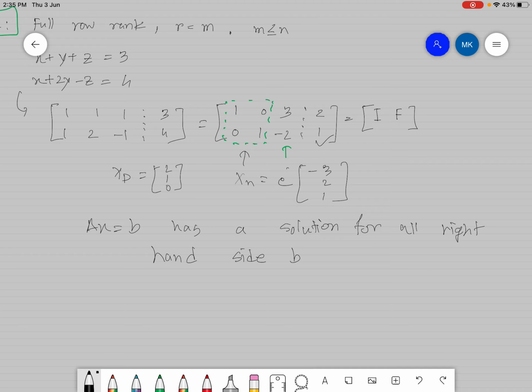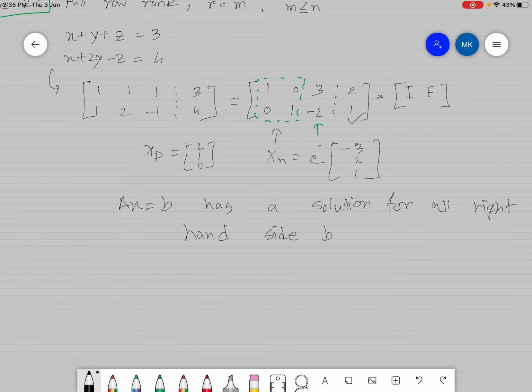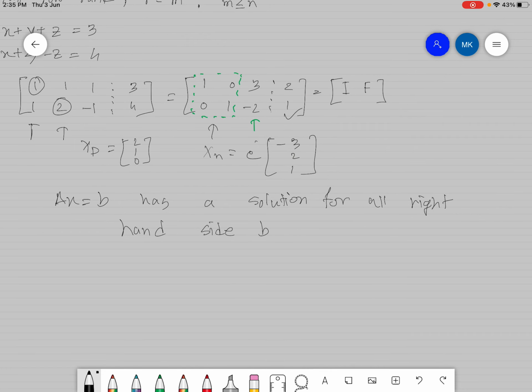Okay, so in that case you'll have one pivot for every row. So if you have any b, the entries of b do not have to depend on any other element.